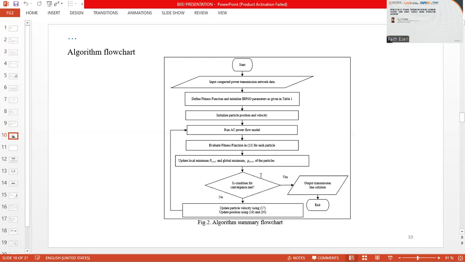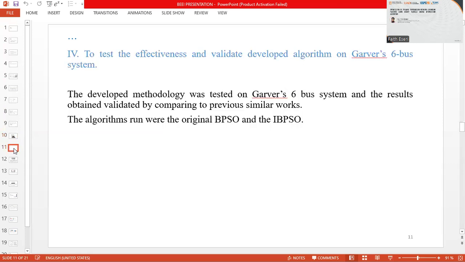You check to see if the condition for convergence is met. If not, you update the particle velocity and position, and then you run the AC power flow model again. But if the condition is met, you output the transmission line solution and you end the program.